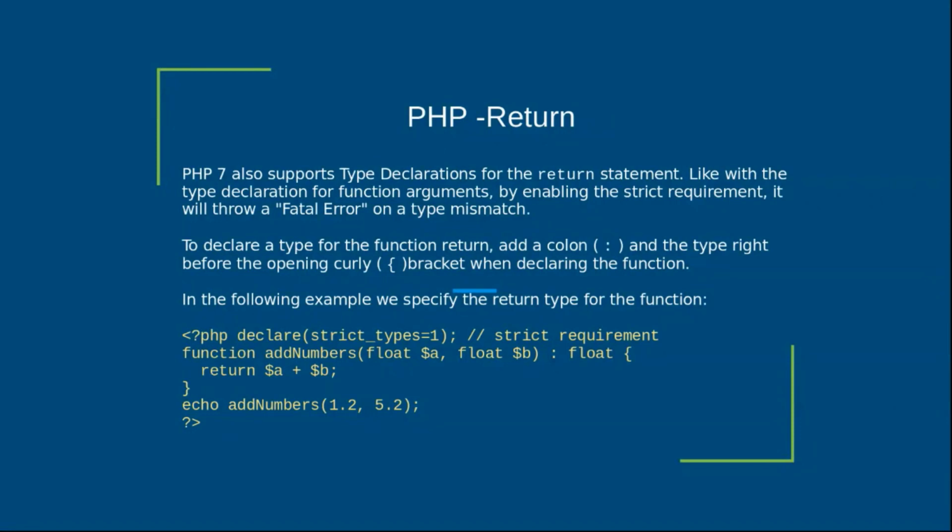To declare a type for a function, you can actually use the colon, right, to declare the type. Now I'm going to get into an example and you're going to understand that. So firstly, you can declare the type of argument that you passed in, and next you can declare the type of return that you want, the type of result that you want.